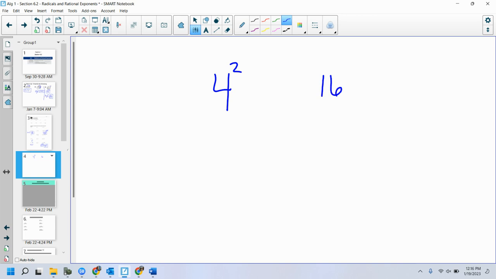We know that 4 squared is 16. What's the process called working it backward? Square rooting it. You square root 16 and you get 4, right?